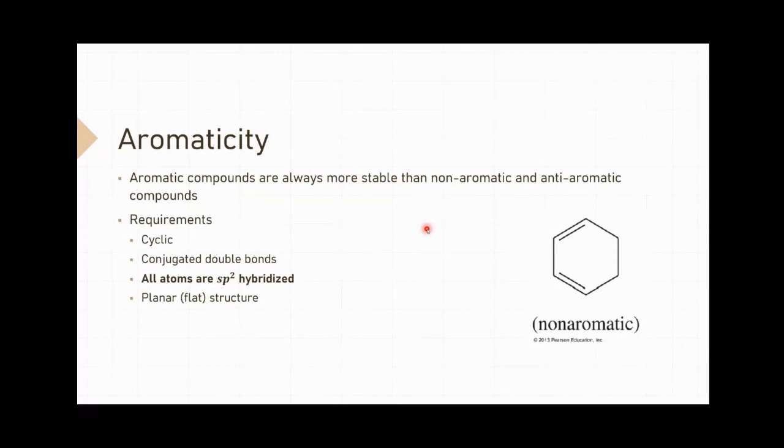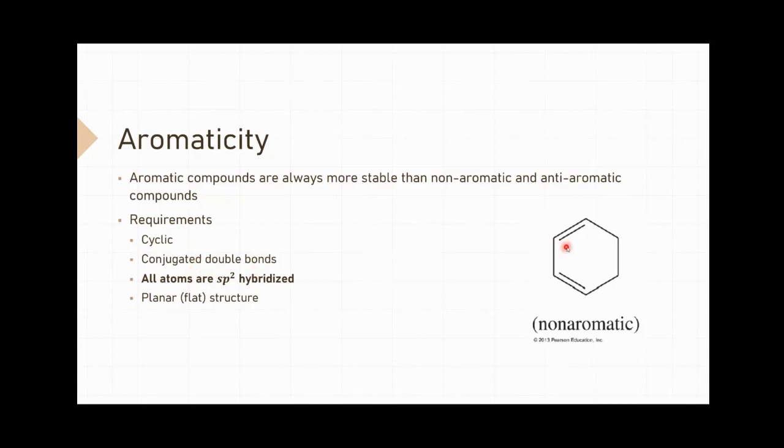All right. So aromaticity. For aromaticity, there are some requirements that you have to consider first. First, the molecule has to be cyclic. The molecule has to have all conjugated double bonds. All the atoms have to be sp2 hybridized, and it has to be flat.